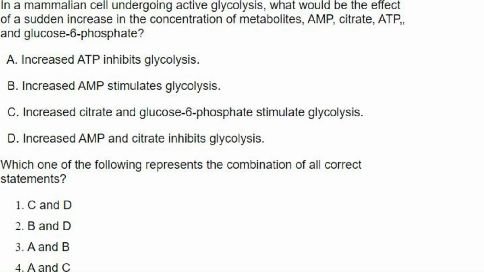So, from whatever we studied in this video, let's look at all four compounds one by one. First is AMP. It stimulates the activity of PFK1. Okay, so B is correct. And then citrate, it inhibits the activity of PFK1.